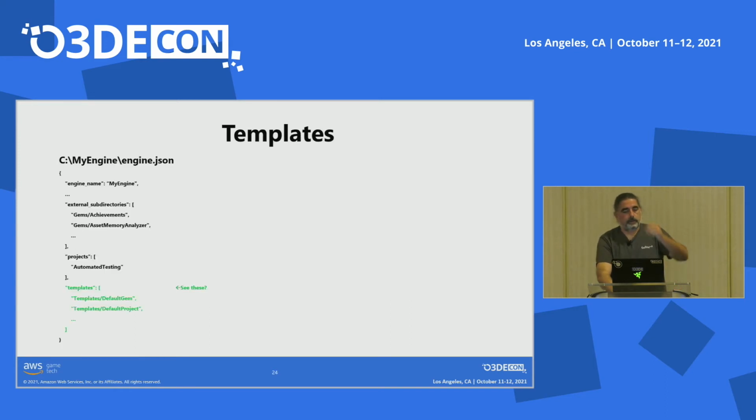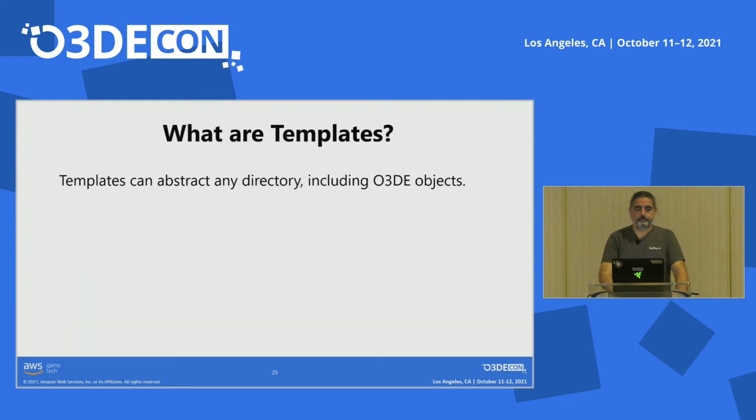All right, so that brings us to the next thing. When I actually create, what am I actually creating? Where does it come from? And that's where templates come in. If we look at the engine.json again, we can see that this engine ships with a couple templates. And I highlighted them here. They're the default gem and the default project. So what are templates?